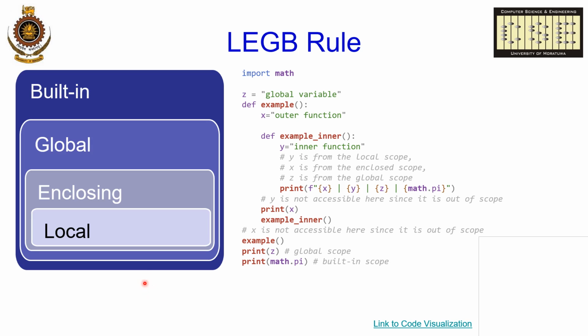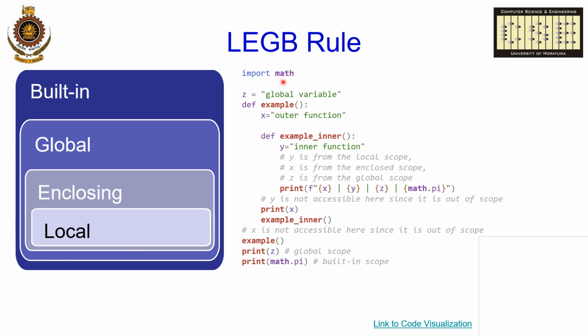As you might have guessed, local has the smallest scope, then enclosing is a bit larger, global is larger, and built-in is the largest. Here is a small coding example that illustrates all 4 of these scopes in 4 different variables.